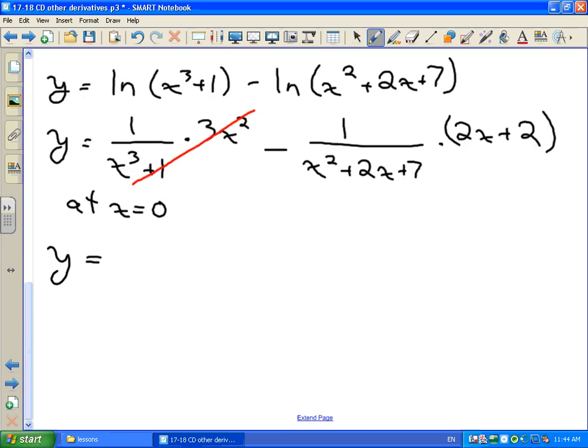So y prime is going to equal -1 times 2, all divided by, let's see, sub in 0 to x squared, we get 0. Sub it into 2x, we get 0. So just -2 divided by 7, or -2/7.